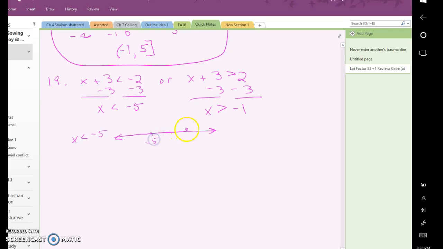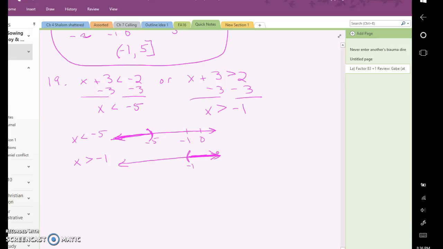Okay, so let's say x is less than negative 5, so we're going to do negative 5 and negative 1, 0's over here somewhere. If x is less than negative 5, that graph looks like this. And then x greater than negative 1 looks like this. Okay, so those are the separate graphs.